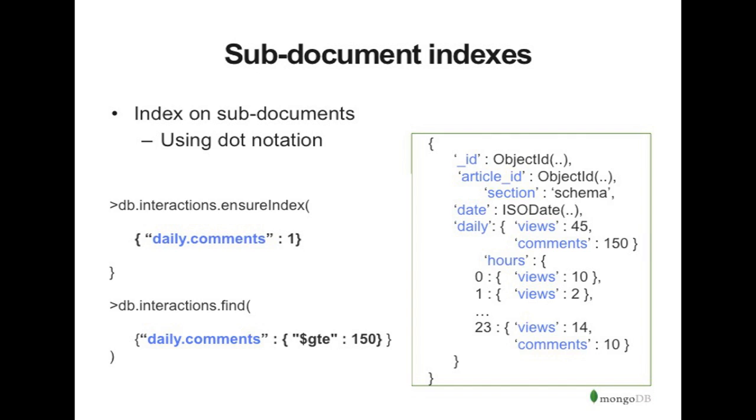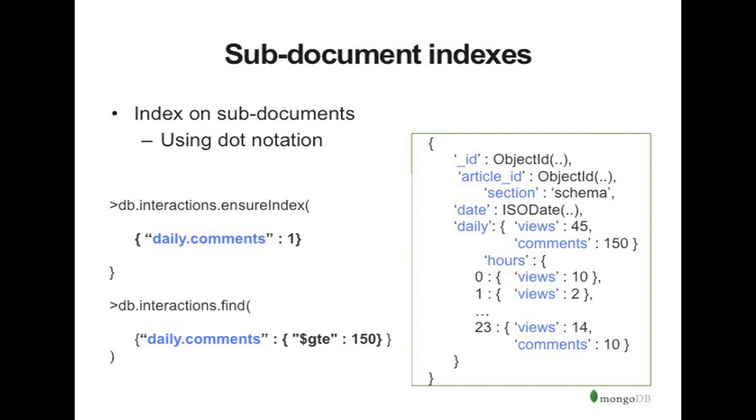In MongoDB, on the right-hand side, I have a box where I have sub-documents for an article-based application. So multiple authors write articles, and I would like to know for a query which articles have more than 150 comments in a given day. So my query looks like what's on the bottom.